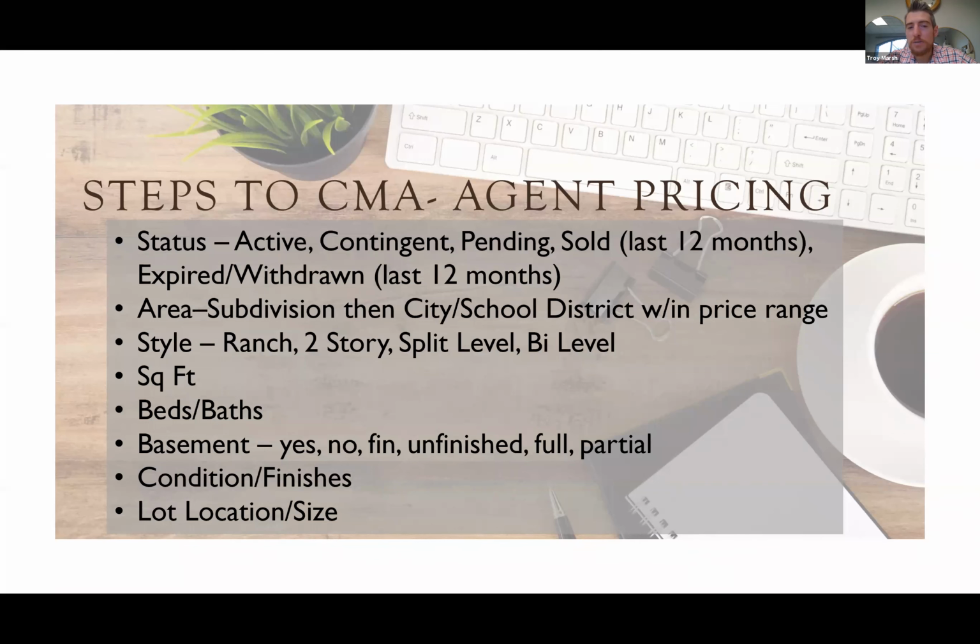So a lot of agents, and thank you for bringing that up, Krista, because I think a lot of agents, especially when they're new, go onto the MLS and print off the one line CMA and see what the price per square foot was of the sold, and then just apply that to your square footage. Especially if the place you're comparing it to is smaller than yours, usually the price per square foot is higher on smaller properties and lower on larger properties.